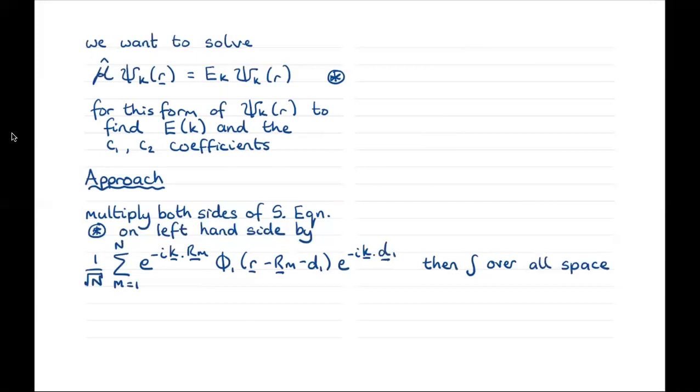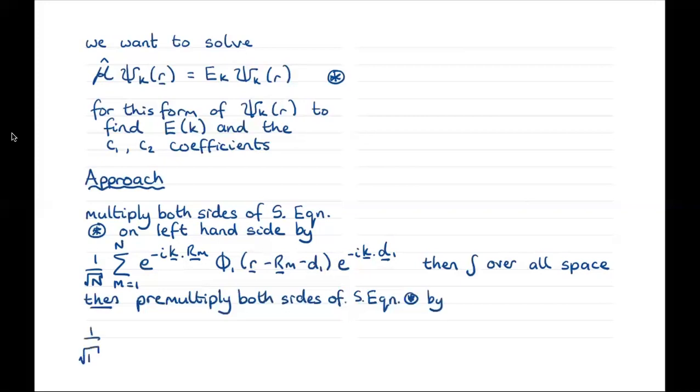Then we'll repeat the process again, pre-multiply both sides of the Schrödinger equation by a similar but slightly different expression, 1 over root n, sum over m equals 1 to n, e to the minus i k dot r sub m, this time phi 2 of r minus r sub m minus d2, in this case, e to the minus i k dot d2.